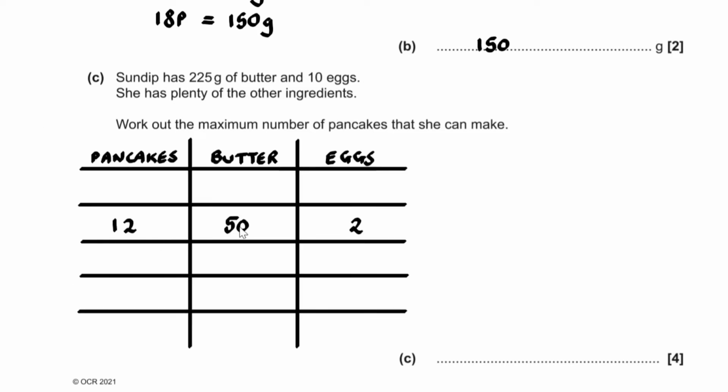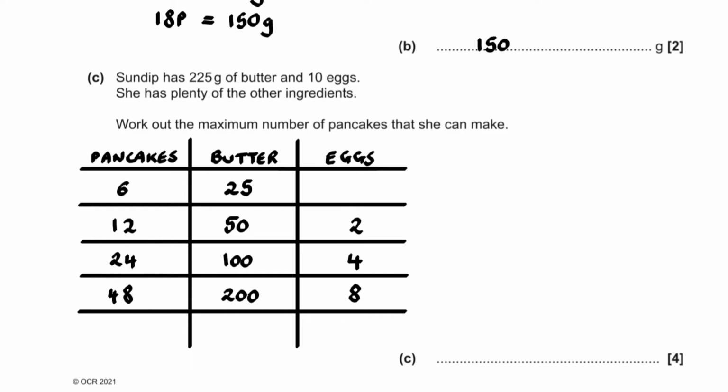Well, so far for 12 pancakes we've got 50 grams of butter and 2 eggs. If I double this, for 24 pancakes we require 100 grams of butter, 4 eggs. 48 pancakes, double again, we've got 200 grams of butter and 8 eggs. Now what we need to do is find out the maximum number of pancakes we can make. Now I've got 200, but I want 225 grams. So you'll notice if I half the 50, I get 25.